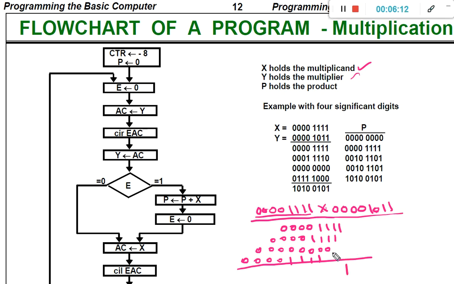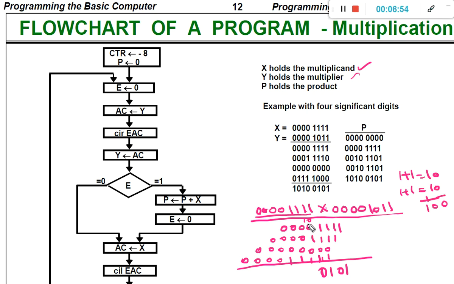Adding the bits column by column: four ones, if you add four ones, the result is 1 0 0.